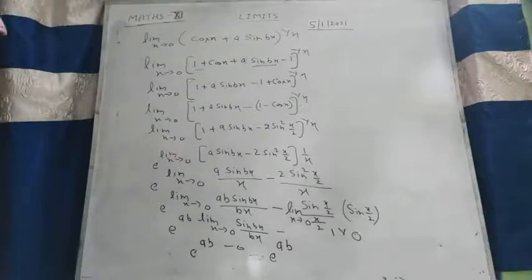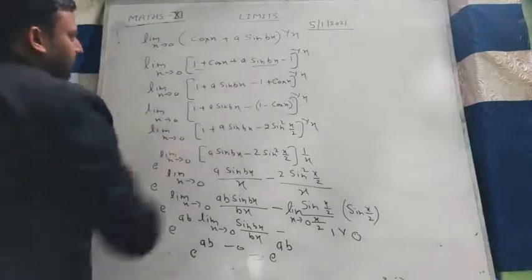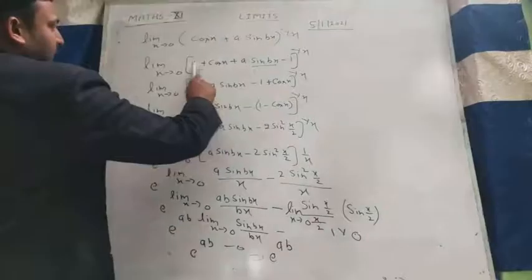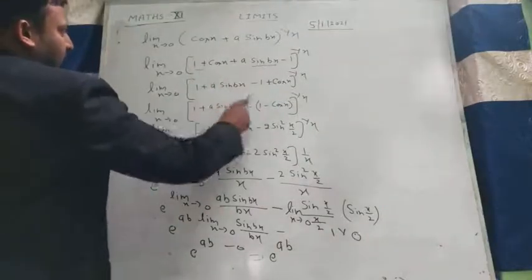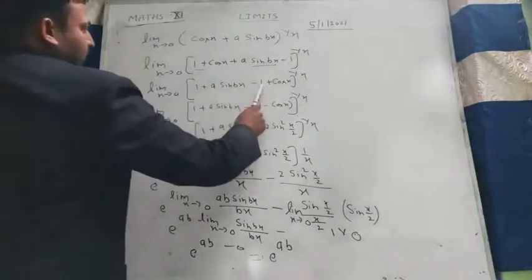Now let's see once again. First of all, we have added 1 and subtracted 1 in this question. Now we have taken this 1 and a sin bx together, and this part cos x and minus 1 is there.